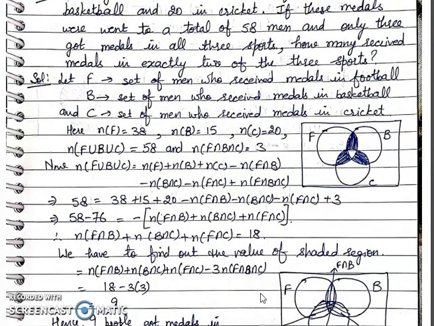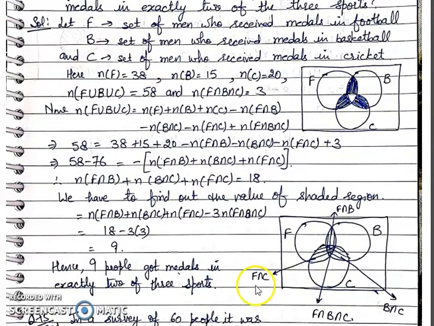So now come to the Venn diagram. F intersection B means this portion, F intersection B plus the portion common to 3, this portion also included. B intersection C means B intersection C plus the portion common to 3.